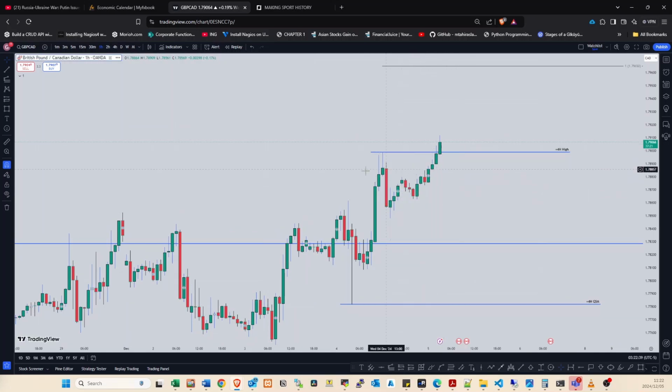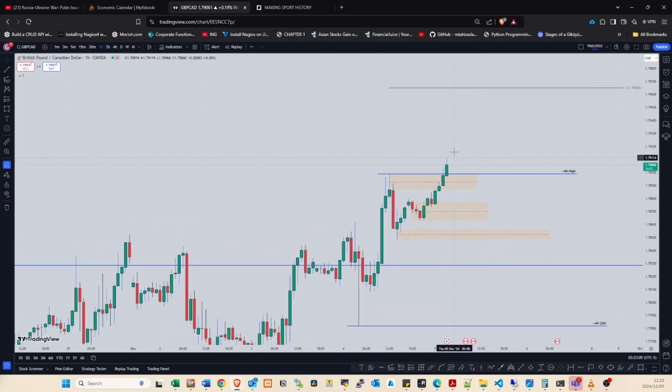If we move higher and close above that level, then we can look for buys from this zone here, around where there was some selling pressure. Ideally, we would want to see the market respect this level and not move lower than this. Same with here. Currently, this is the low that we don't want to see the market break. The first thing is to see this market push higher above this level to indicate possible bullish continuation.